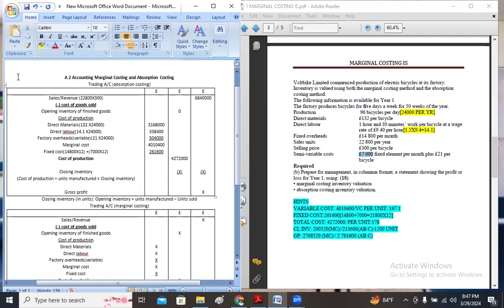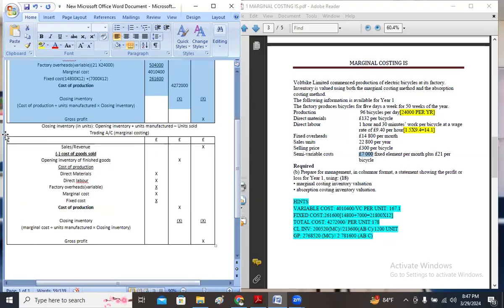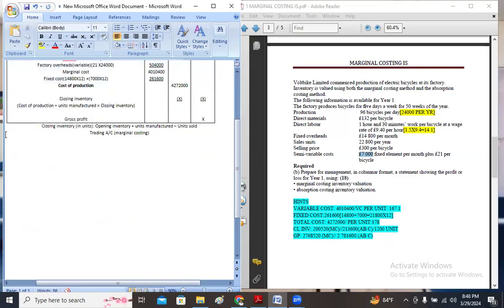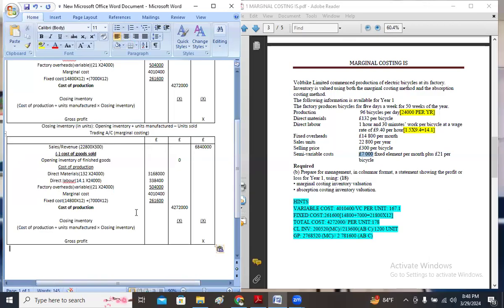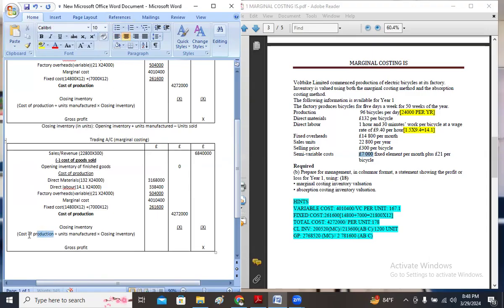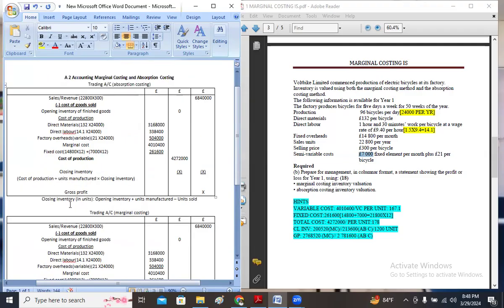Now we have to value the closing inventory. So everything will be the same until this point. So let me copy and paste this table for marginal costing, to save time. Under marginal costing, it will be marginal cost. So we'll come to that later. Now it said you have to find out the value of the closing inventory in units.